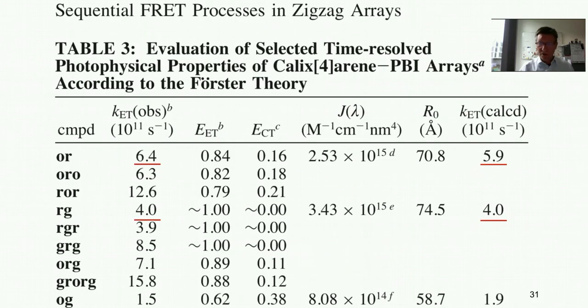Now they were correlated to the Förster model. Here we see observed rates and calculated rates together with the spectral overlap integral, in the typical units of the overlap integral, per mole per centimeter nanometer to the power 4, for the different steps.